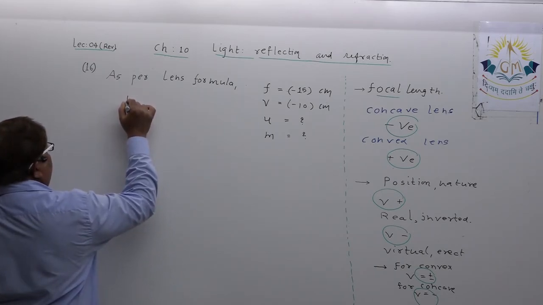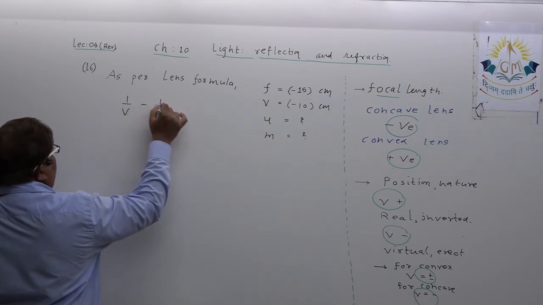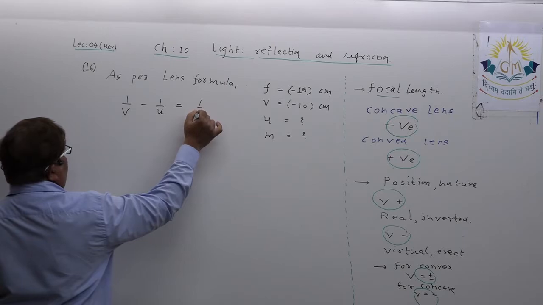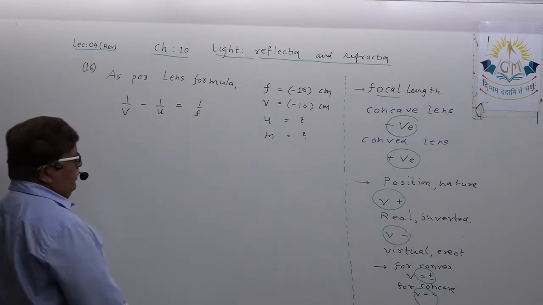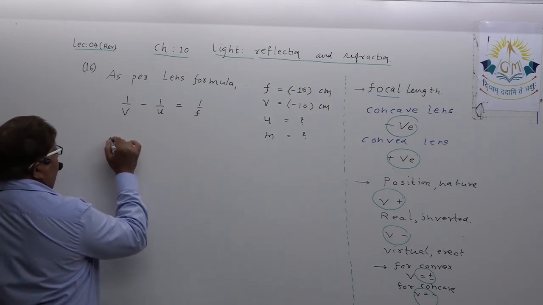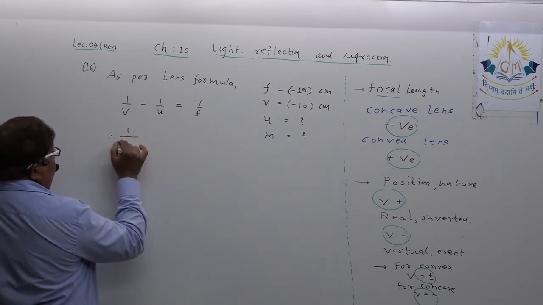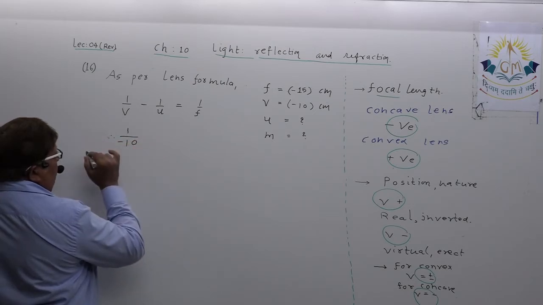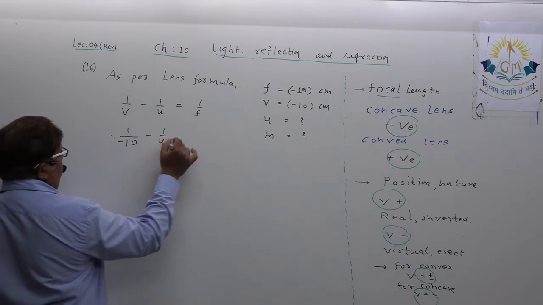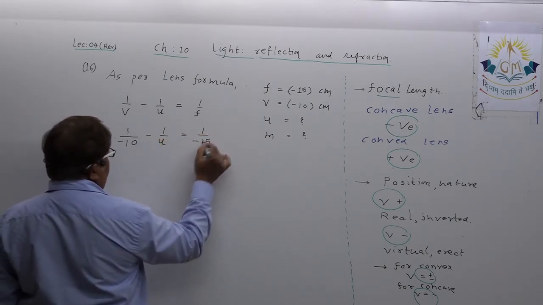What is that? 1 upon V minus 1 upon U equals to 1 upon F. Okay. Let me substitute the given values. 1 upon minus 10, U we are looking for, equals 1 upon minus 15.